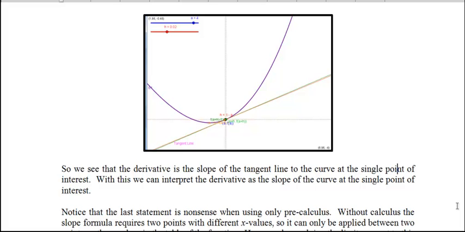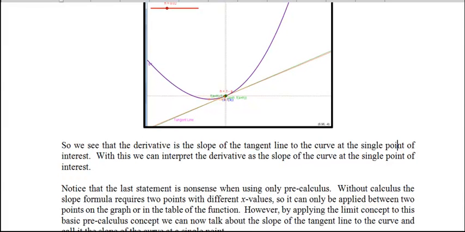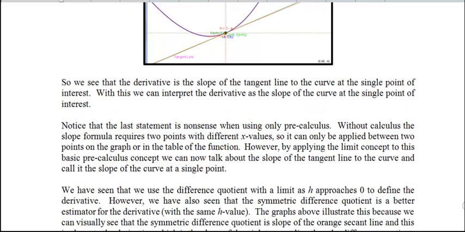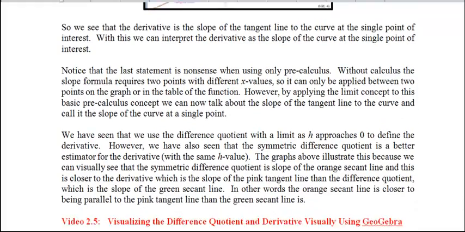But with calculus, we can apply this limit concept to the difference quotient, or the symmetric difference quotient for that matter, and now we have a slope of a tangent line, which gives us a meaning for the slope at a single point on the curve. Kind of a cool new concept.